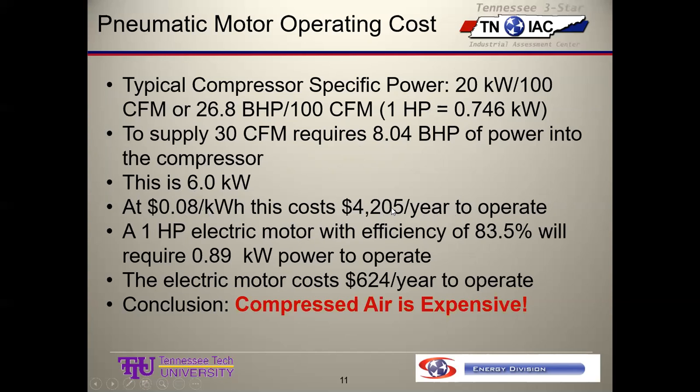In fact, it's a 0.93 horsepower pneumatic motor, so it's not quite 1 horsepower. If, however, instead of using that pneumatic motor, you used a 1 horsepower electric motor with an efficiency of 83.5%, it will require 0.89 kW. If you multiply that out, it's $624 a year to operate.